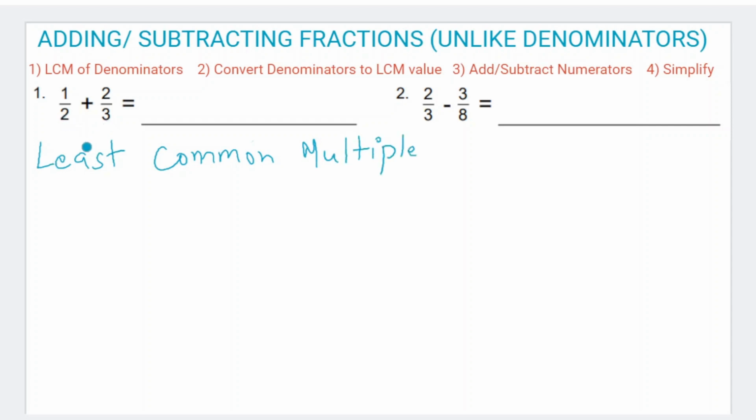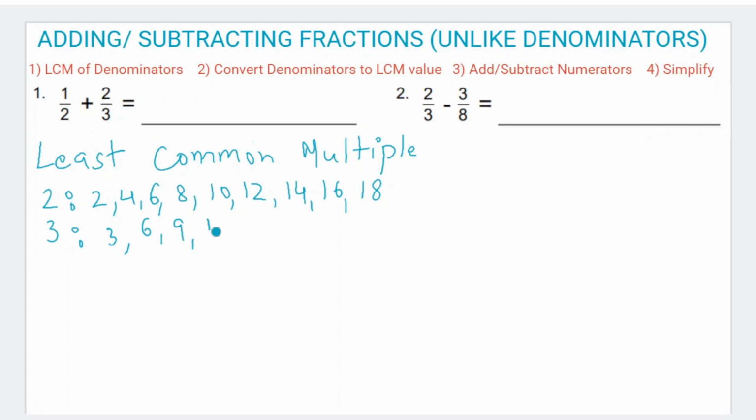So my denominators are 2 and 3. Multiples of 2 are 2, 4, 6, 8, 10, 12, 14, 16, 18, and so on. Multiples of 3 are 3, 6, 9, 12, 15, 18, and so on.